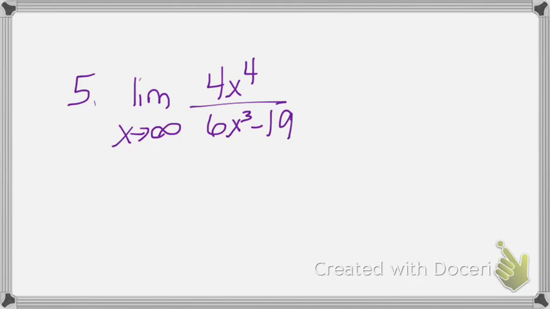Alright, this one, the limit as x approaches infinity. Looking at those powers, the bottom has a less power than the top. Top is bigger. That means there's a slant asymptote. That means my answer is either infinity or negative infinity. Basically I'm just going to plug in a big number and try to figure out what would be going on.